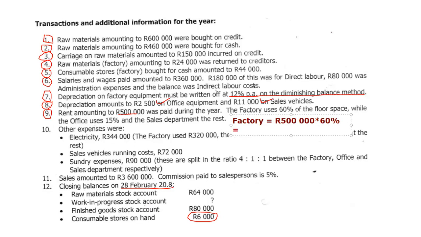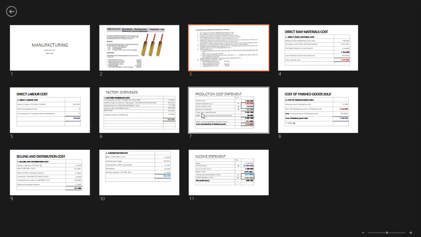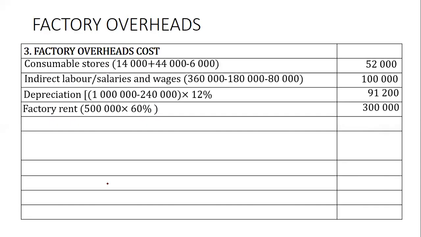It will equal 300,000. Where does it go again? It goes to factory overheads. Hence, under factory overheads, we will have factory rent, and it will be 300,000.